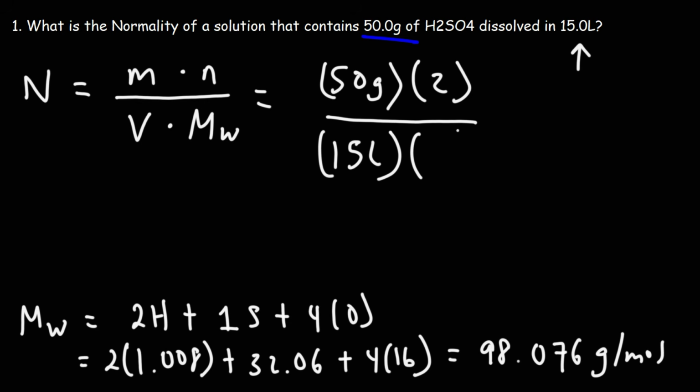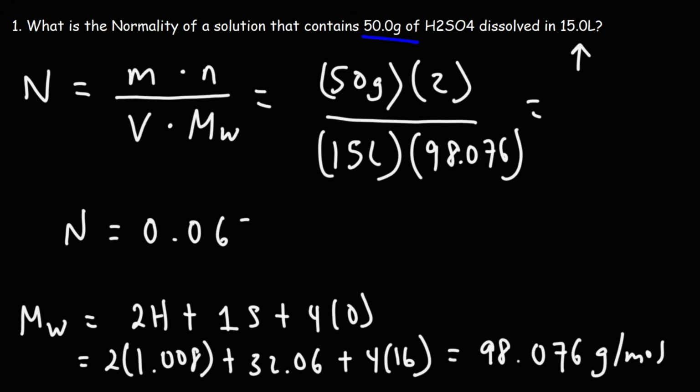And then times the molar mass, 98.076. So it's 50 times 2, which is 100. 100 divided by 15, that's 6.6 repeated. If we divide that by 98.076, we're going to get the answer, which is 0.06797.